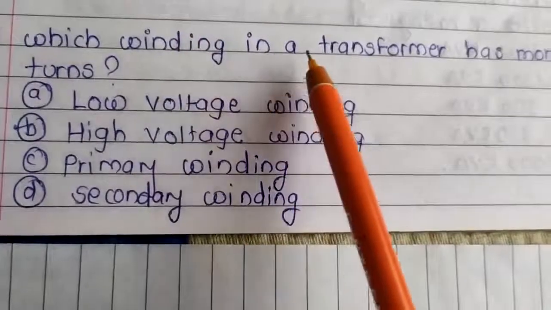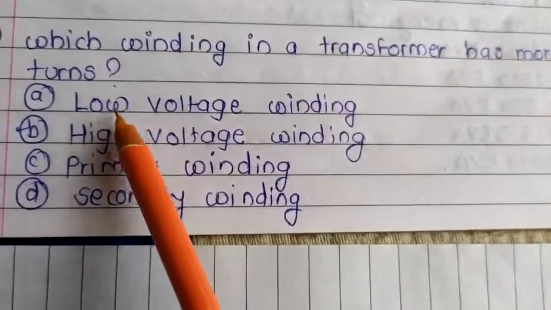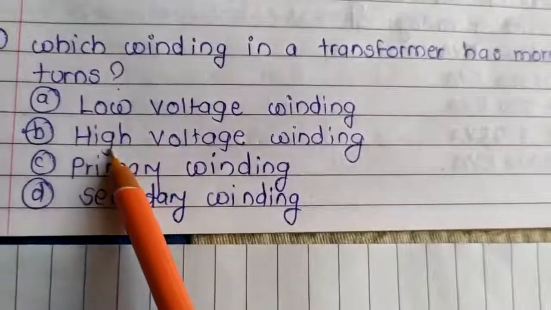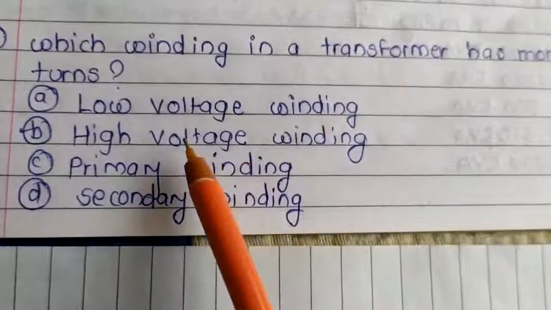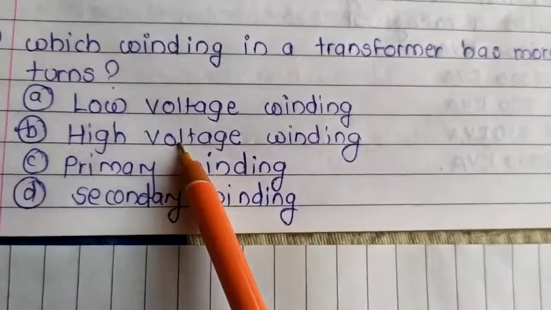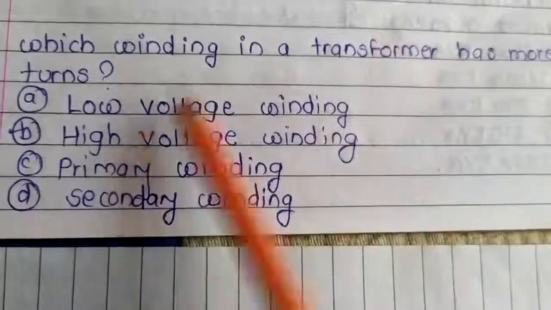Which winding in a transformer has more turns? Low voltage winding, high voltage winding, primary winding, secondary winding. The answer is high voltage winding.